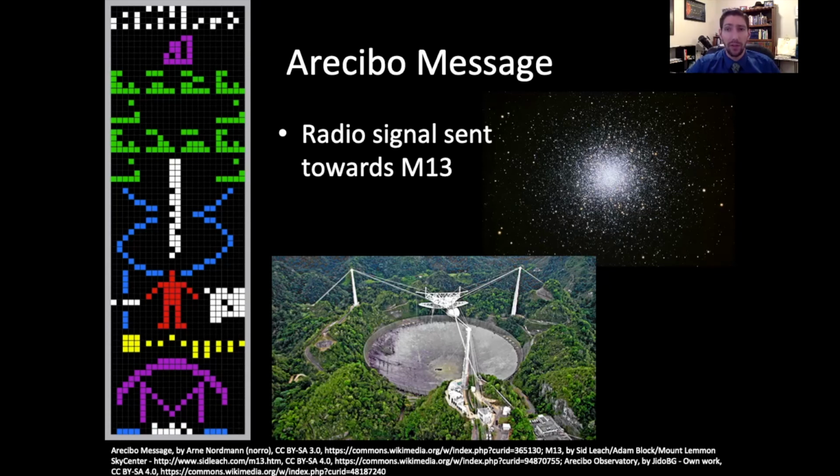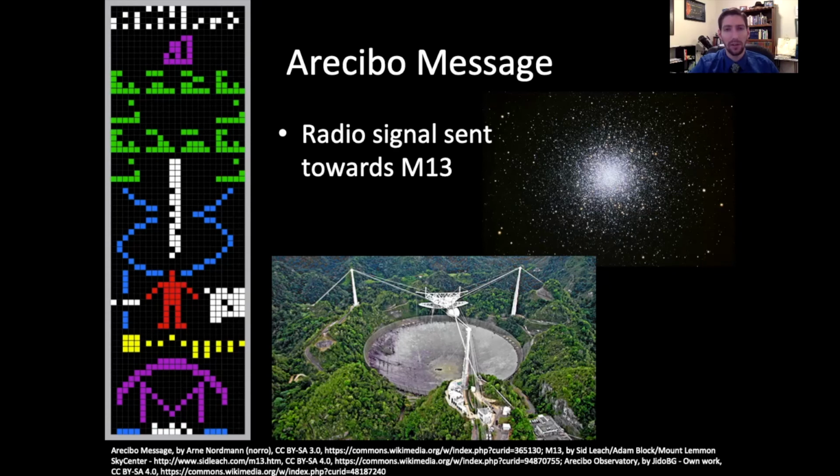Then there's a graphic of a human being, the height of an average man, and the human population of Earth. Then a graphic of the solar system indicating which of the planets the message is coming from. And finally, a graphic of the Arecibo radio telescope and the diameter of the antenna dish.